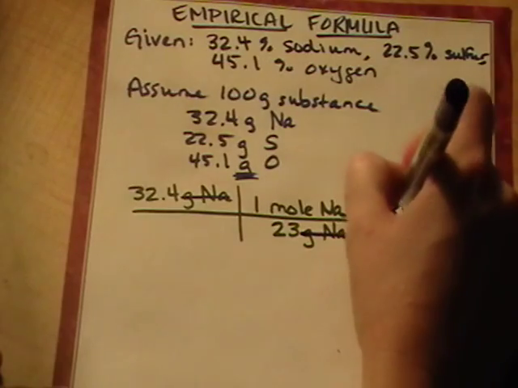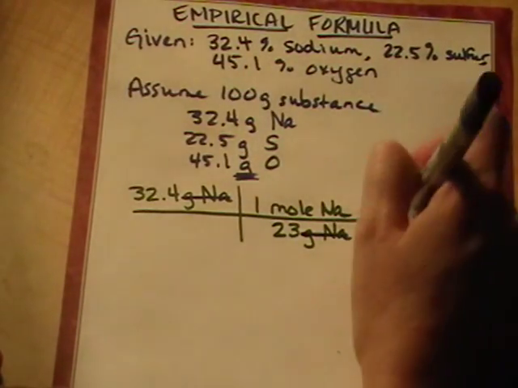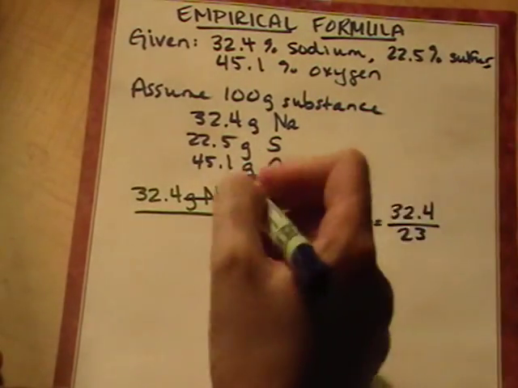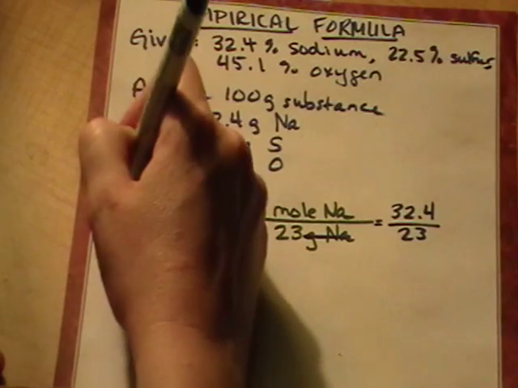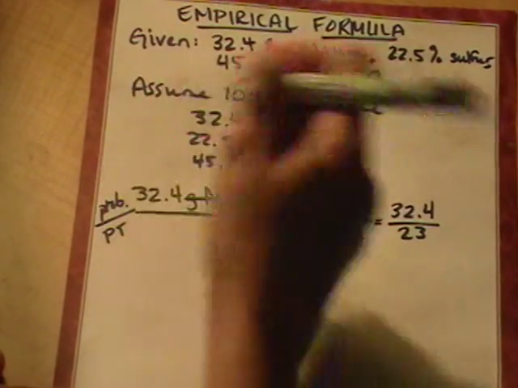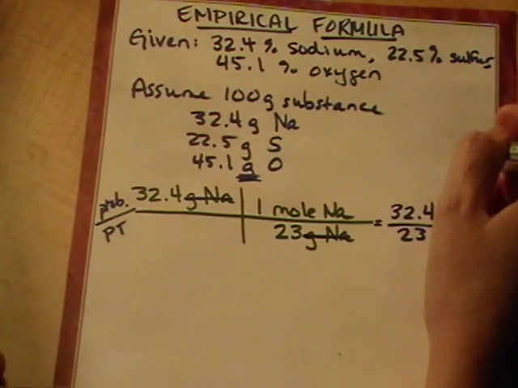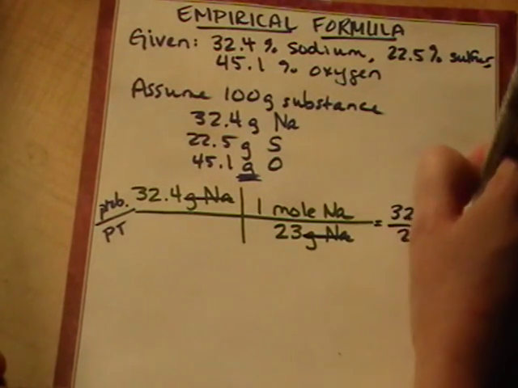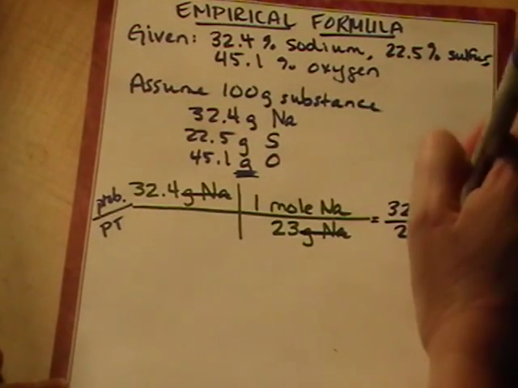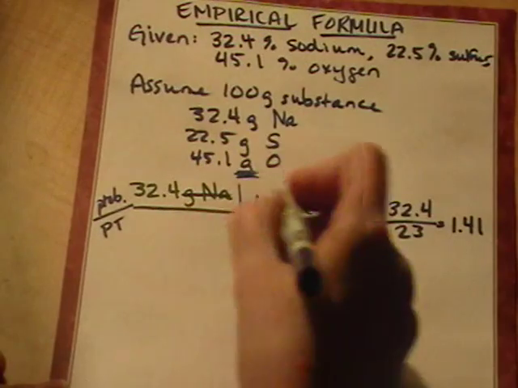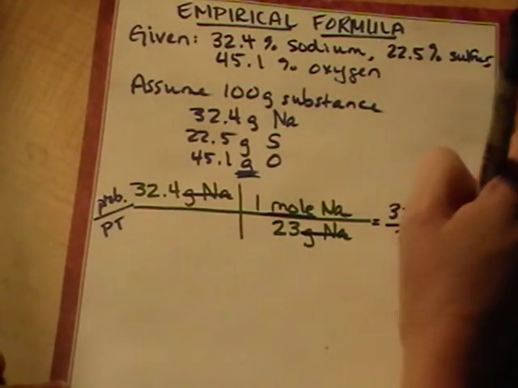I'm going to take 32.4, which I got from the problem, and I'm going to divide it by 23, which I got from the periodic table. So it's the problem over the periodic table. And the number I get when I do that is 1.41. Crazy number, but we're going to work with it. Notice I got rid of grams, so I'm looking at moles. So I have 1.41 moles of Na.